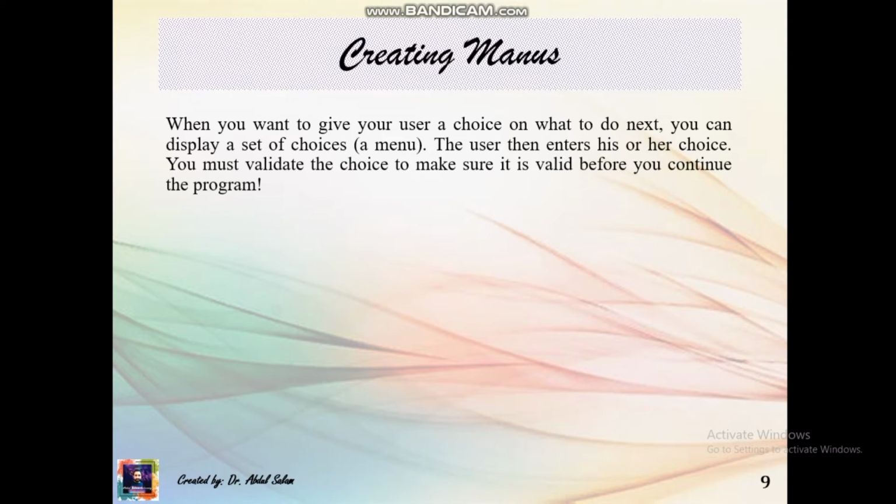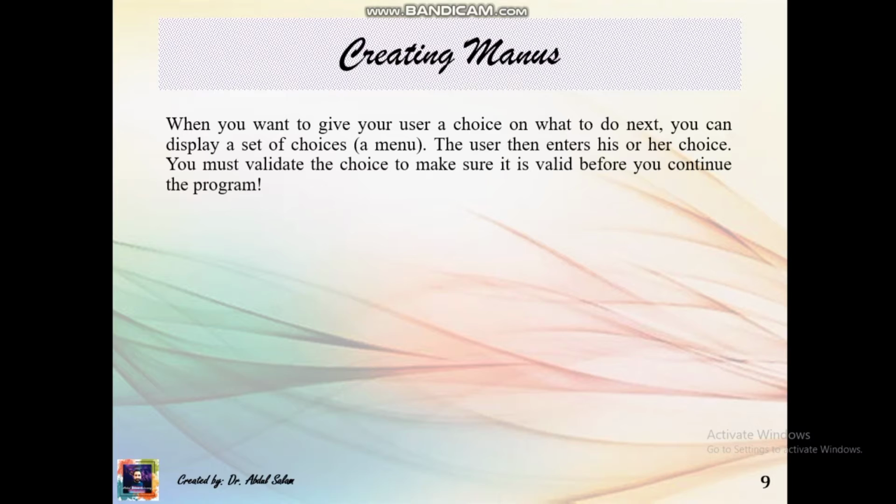The next one is creating menus. When you want to give your user a choice on what to do next, you can display a set of choices, a menu. Just like menus displayed in different restaurants, they list the available dishes.